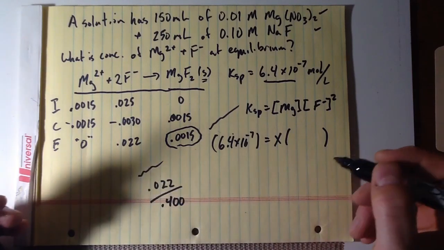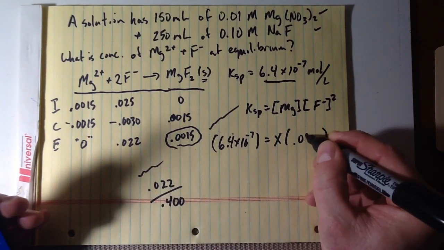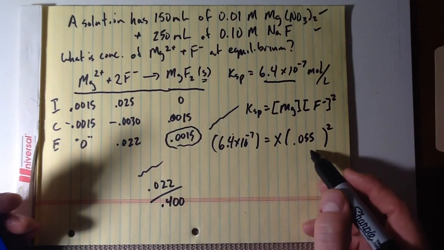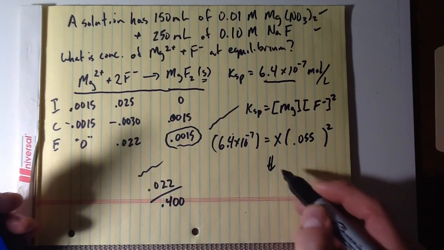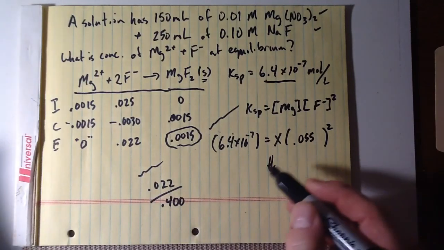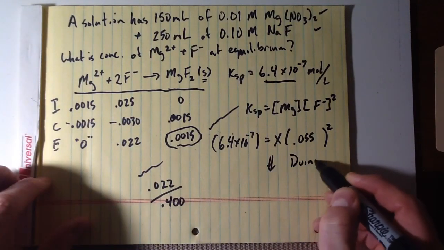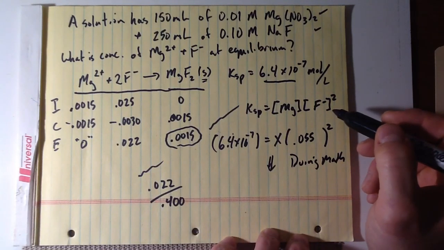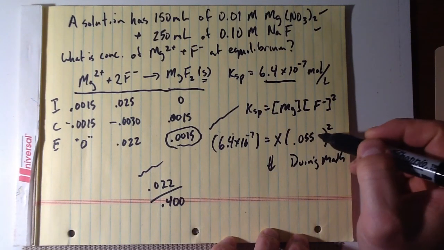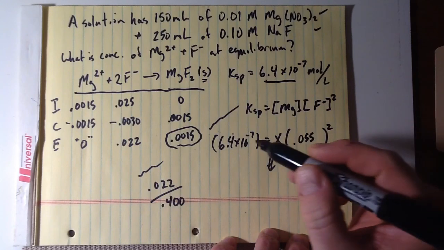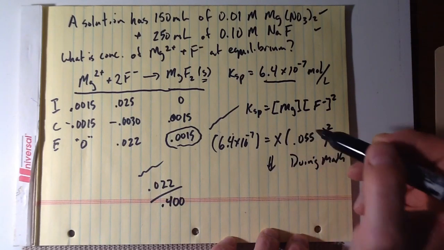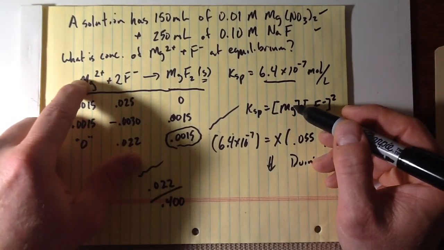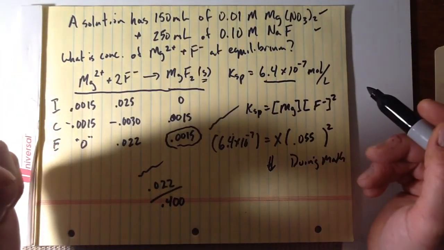So I get 0.055, and I would square that. If you wanted to solve for x, since we've now set it all up according to the chemical equation and it's math only, we would just square that 0.055 and then divide both sides by it, and we would have our x value. x is the concentration of our magnesium that we would have at equilibrium.